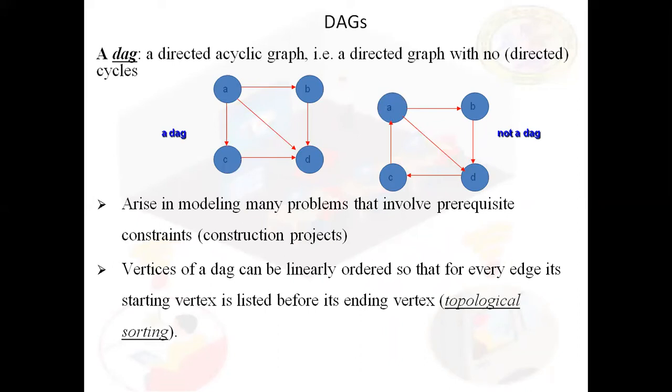That means if there is an outgoing edge from A towards B, the linear ordering is A comma B. We cannot write it as B comma A. That is what topological ordering or sorting represents. A DAG, being acyclic, is a must for topological sorting.